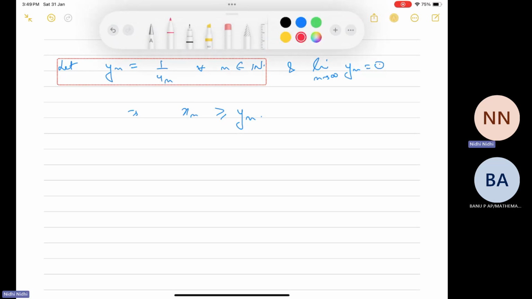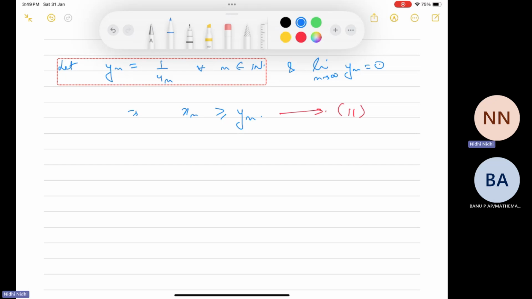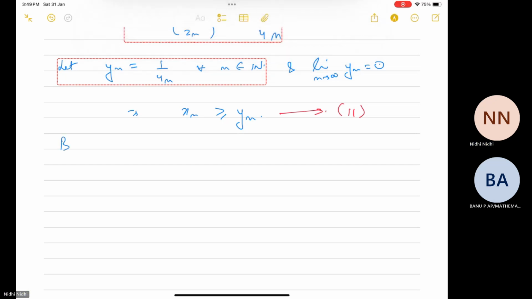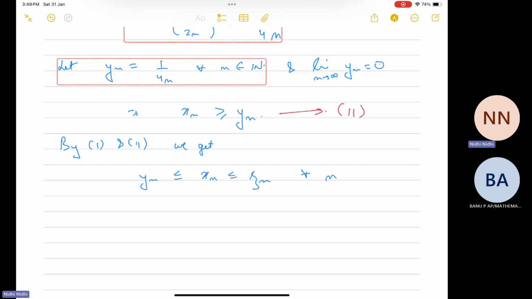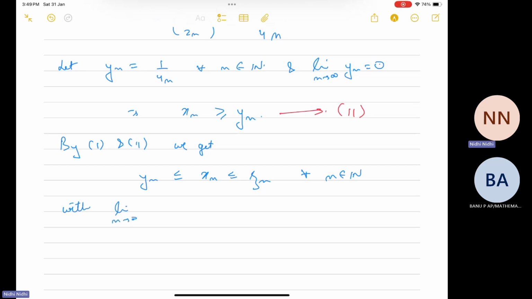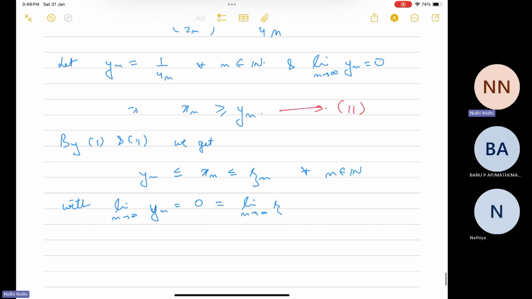So if I mark this as 2, by first and second, we get yn less than or equal to xn less than or equal to zn for every n in N, with limit n tending to infinity of yn equal to 0, which is equal to limit n tending to infinity of zn.